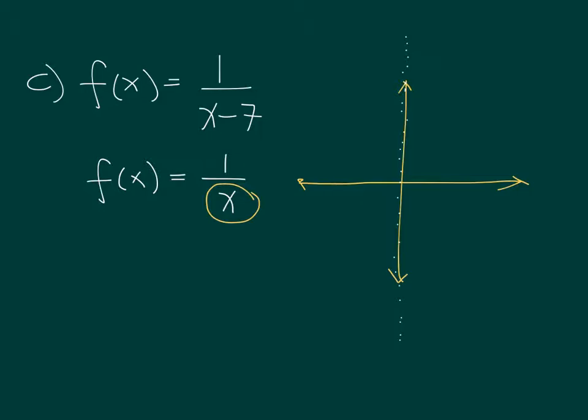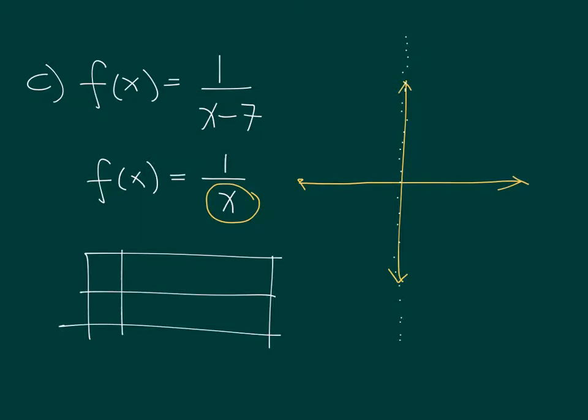Okay, now using some values of x. If x is 0, there's no value that we can get. If x is negative 1, so try to put negative 1 here, 1 over negative 1 is negative 1. And then the value here when x is 1 should be 1. So plotting those points, negative 1, you get this point, and then plotting 1, 1, so 1 on x, 1 on y, you get this point.